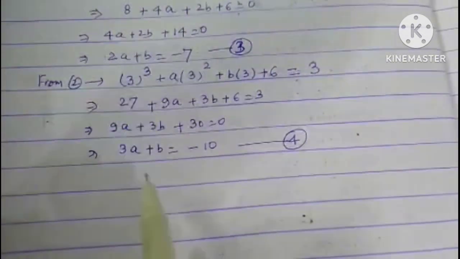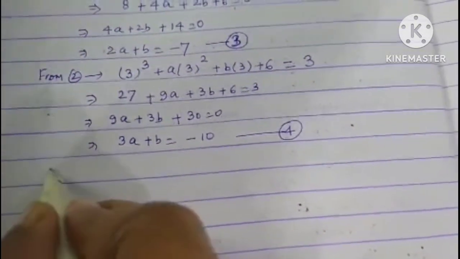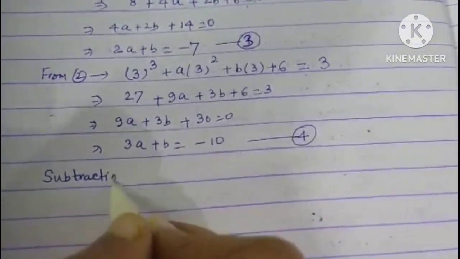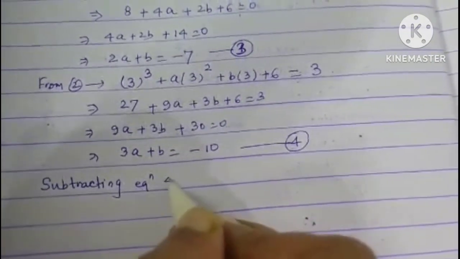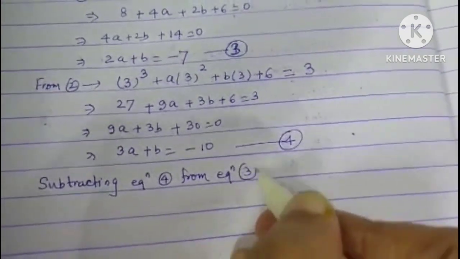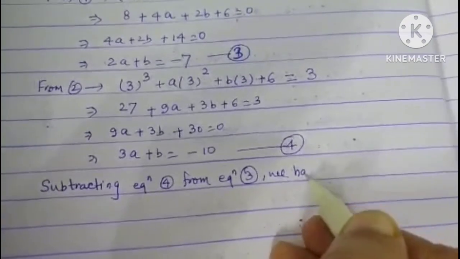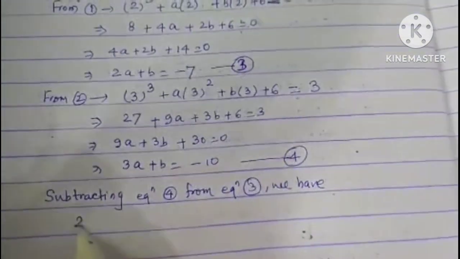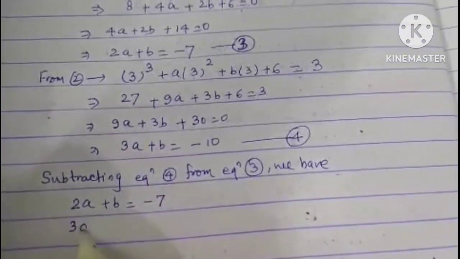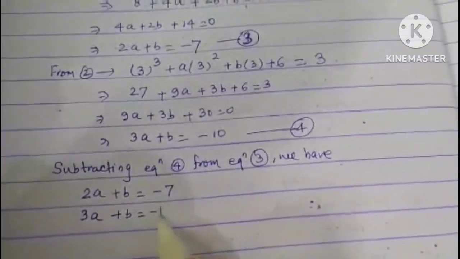So now we have equation 3 and equation 4. Let us subtract equation 3 from equation 4: 2a plus b equal to minus 7 and 3a plus b equal to minus 10.